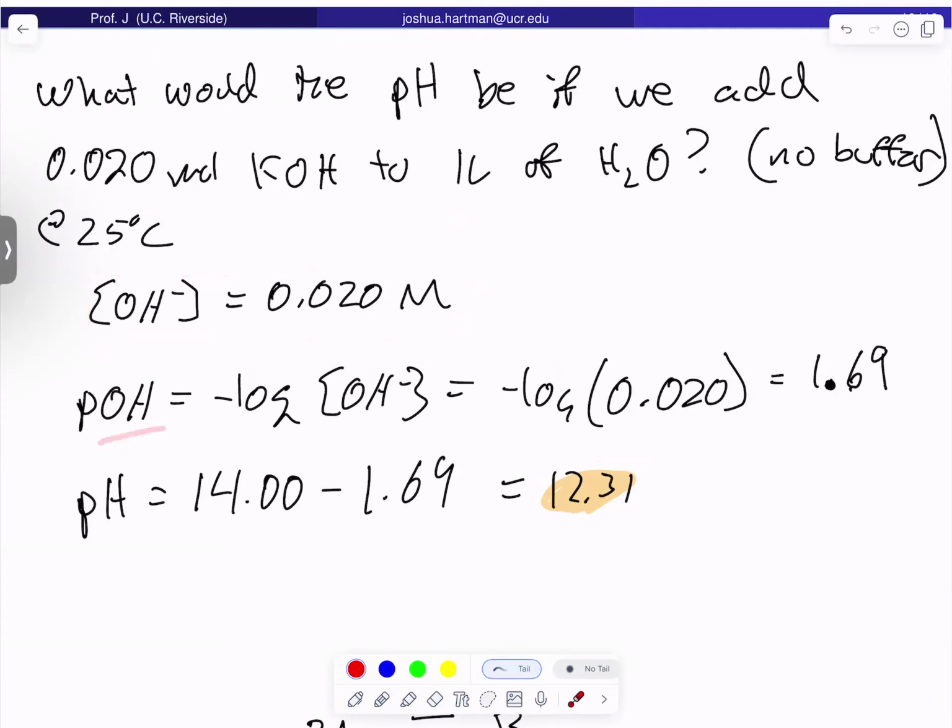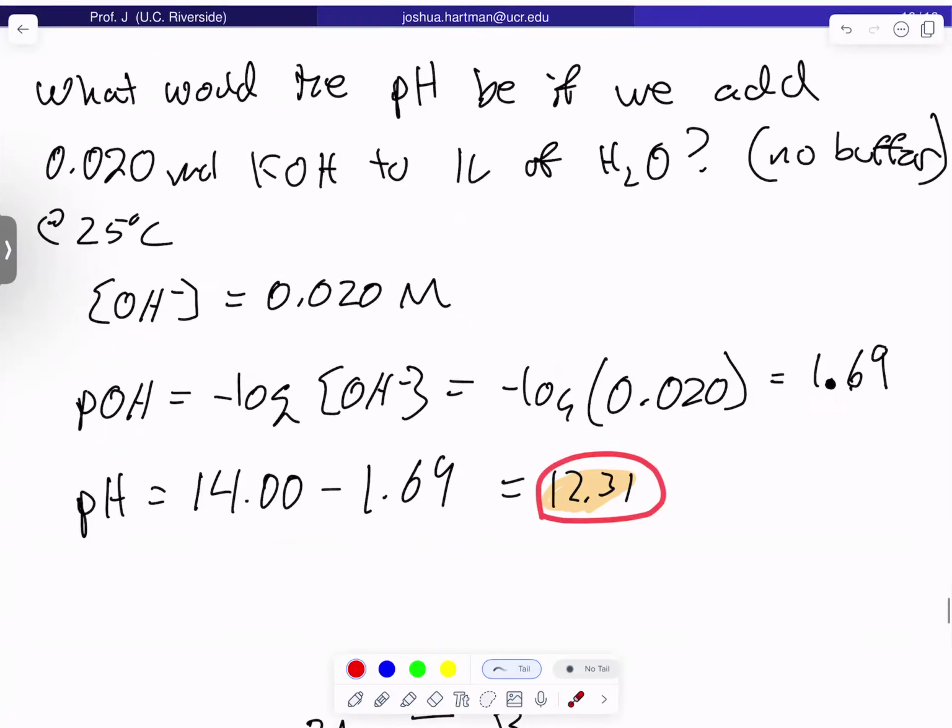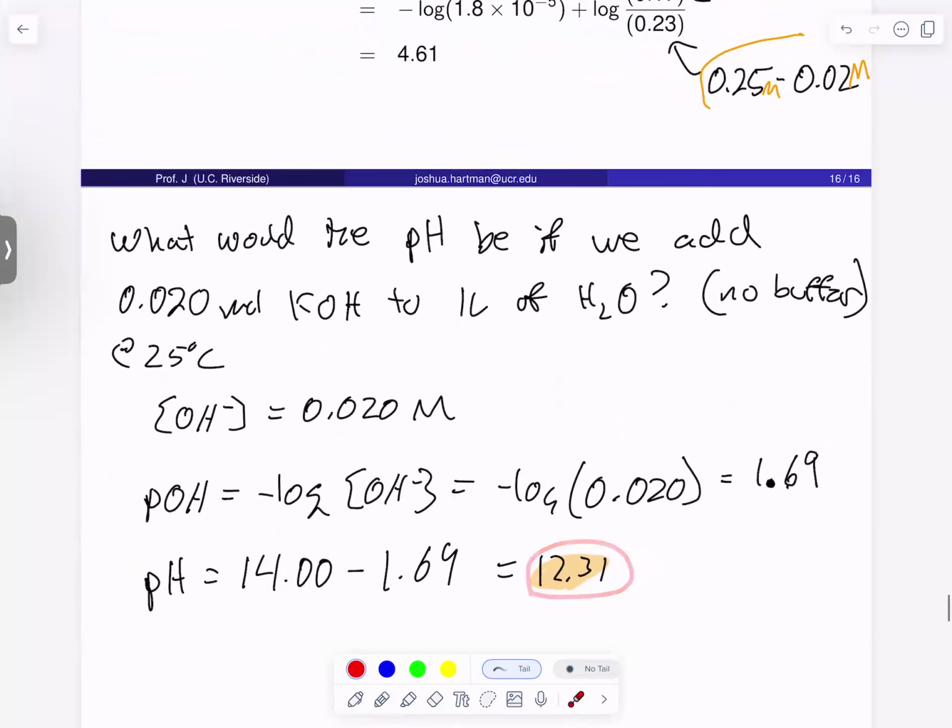The pOH would then come to 1.69. So pH would be 14 minus 1.69 or 12.3. So 12.3 would be the pH without a buffer, 4.61 pH with a buffer. Excellent way of highlighting the effectiveness of a buffer solution in terms of mitigating changes to pH upon the addition of a strong base.